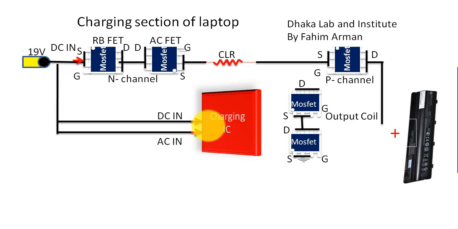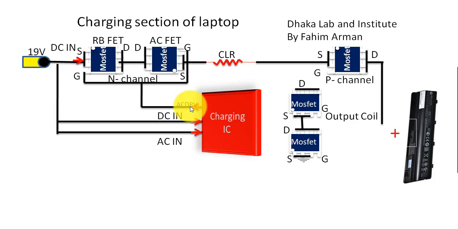After getting DC in and AC in, the charging IC will provide another voltage, that is AC drive. This is very important for switching on these two MOSFETs.